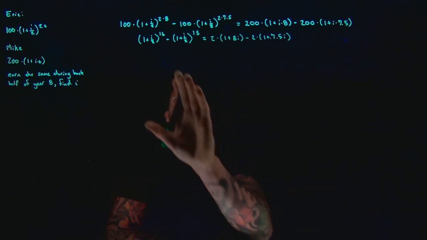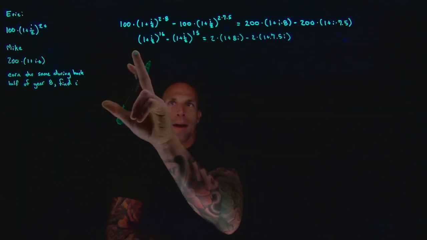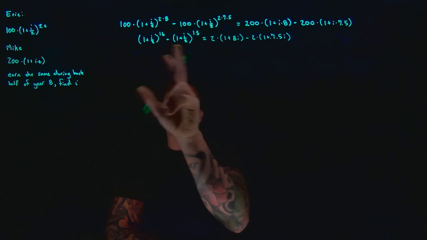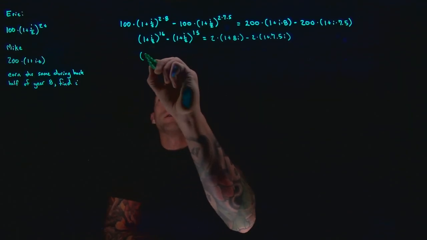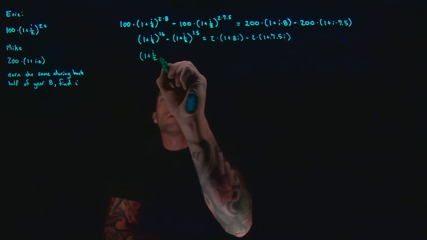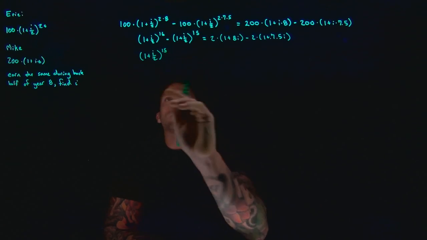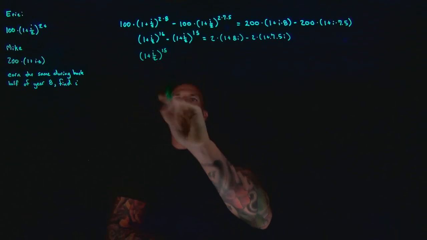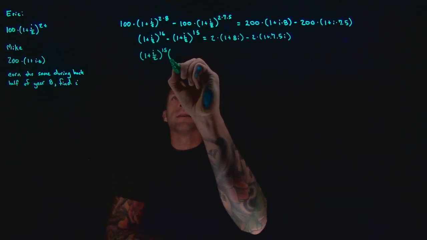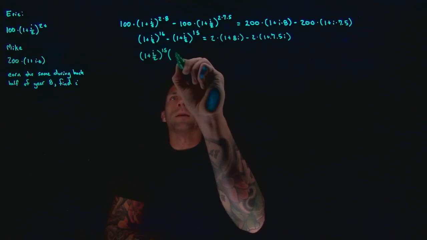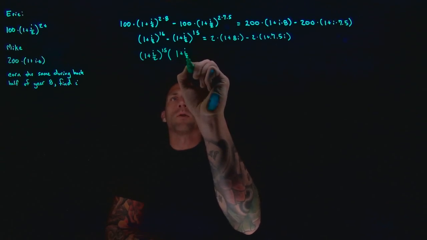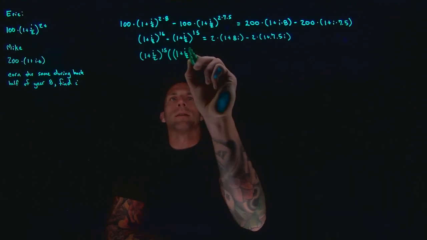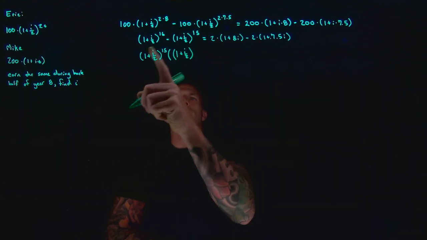All right, so from here, I'm going to factor, because there's a simplification waiting to happen there. Factor out (1 + i/2)^15, and that would be the same as (1 + i/2). There's my first term right there, right? So there's 16.